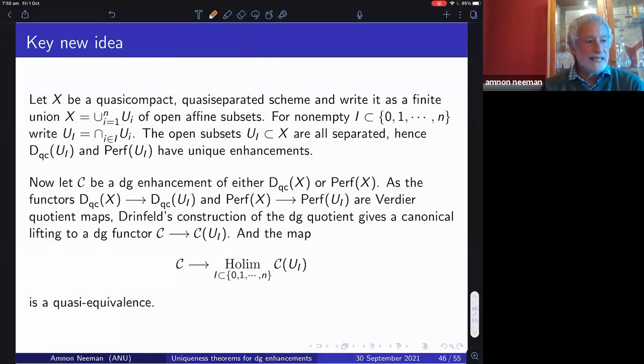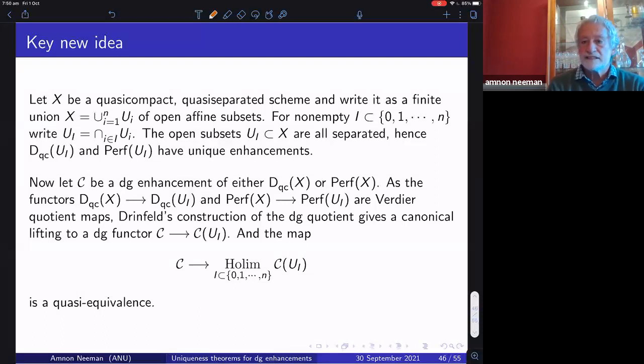So what is the key idea of the proof? The key idea of the proof is to reduce to the separated case. So you write X as a union of open affine subsets. X is quasi-compact and quasi-separated. The fact that it's quasi-compact means that it can be written as a union of finitely many open subsets.